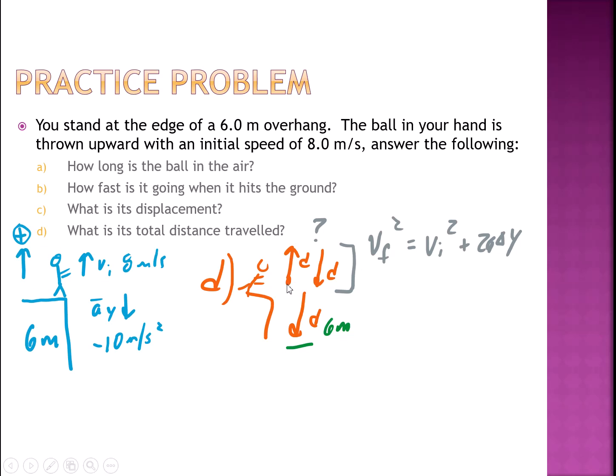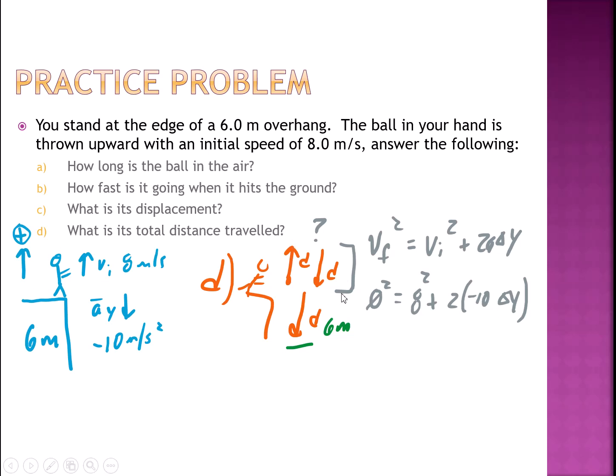How high does it go from the start to the highest point? At the highest point, it turns around and comes back down. What's the speed at that instant you turn around? Hopefully your mind already answered that it was a 0. Anytime you turn around, your speed is 0. So at the highest point, I'm taking basically this orange arrow pointing up. Initial speed is 8. Final speed is 0.